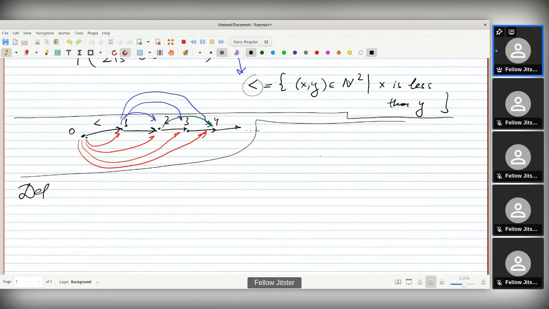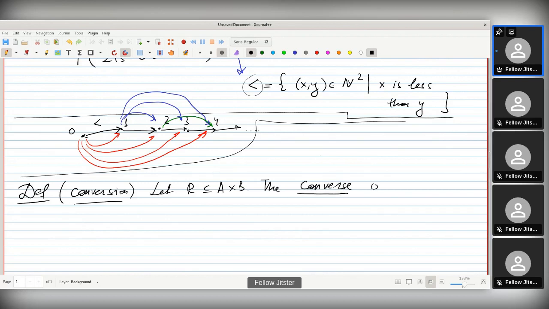First of all, I will define something special for binary relations. This is called conversion. So let R be a binary relation between A and B. Now I will define the converse of R. What is it?